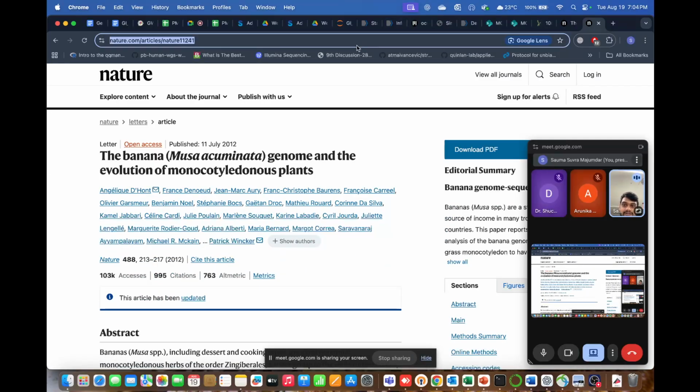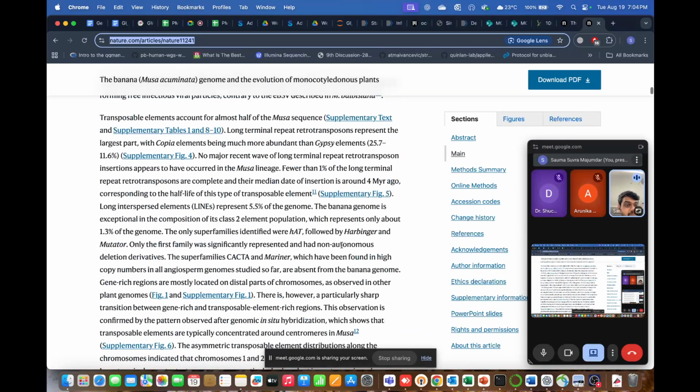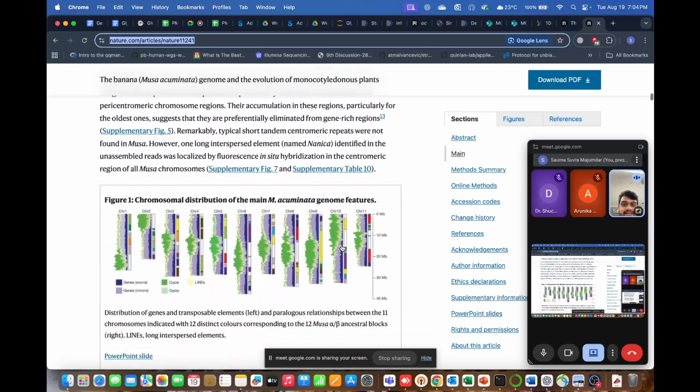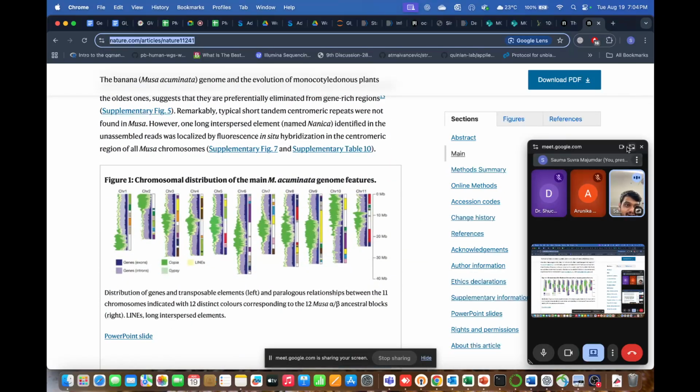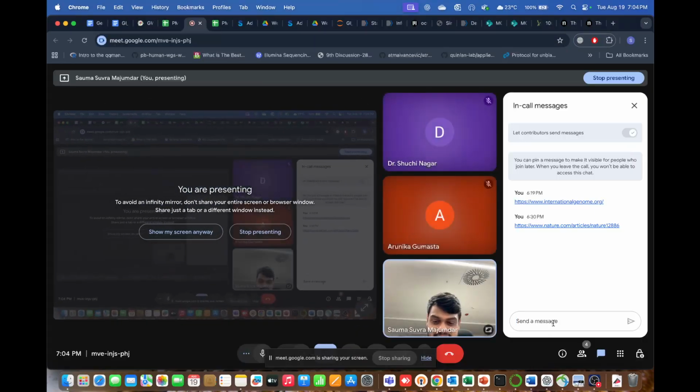This is very important in terms of agriculture, but also very interesting in terms of the genomics. So how did this actually happen? Again, if you're interested, please do give it a read.